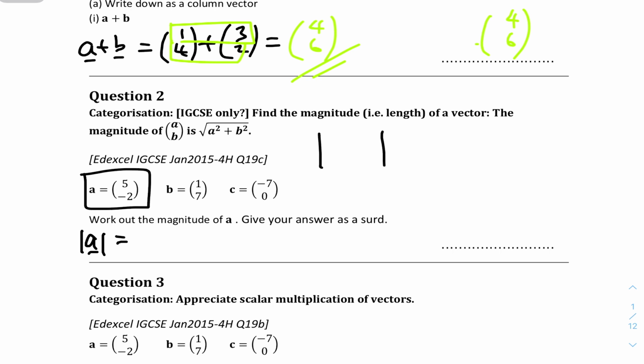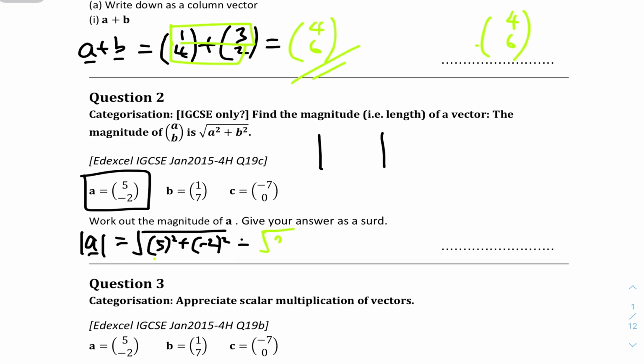The magnitude is basically the length of A, and to work out the length, we use Pythagoras' theorem, which is the root of each component squared: 5 squared plus minus 2 squared. That would get you root 29, because 5 squared is 25 and minus 2 squared is 4, so 25 plus 4 is 29. So this will be the magnitude, root 29.